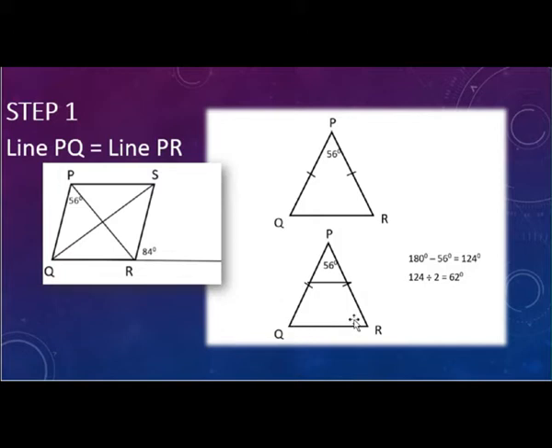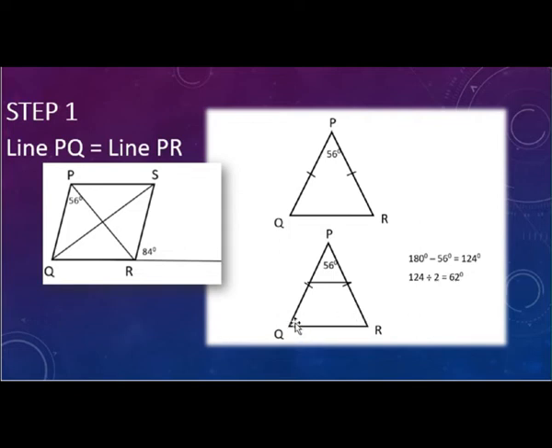So in this isosceles triangle, to get these two angles which are the same, we know the three angles add up to 180 degrees. So we get 180, we subtract 56, then we get 124. This 124 is for the two base angles which are the same. So we divide by 2. We get each of the base angles is 62.